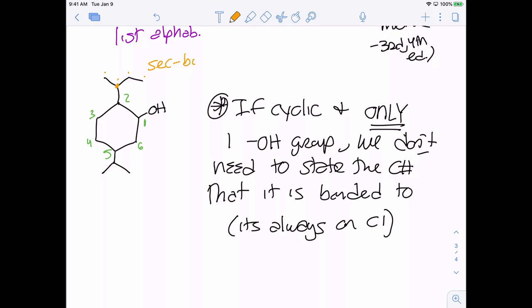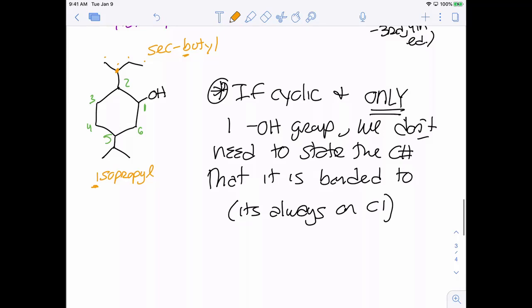So sec-butyl. We put a dash between the sec and the butyl, and this one is alphabetized based on the B. And then the group on carbon 5, I have 3 carbons, but it's an isomer of propyl, so isopropyl. And this one is alphabetized based on the I. So B comes before I in the alphabet, so my sec-butyl group is going to come first.